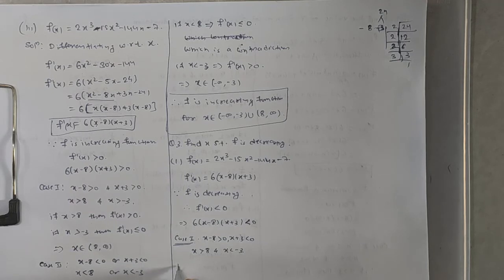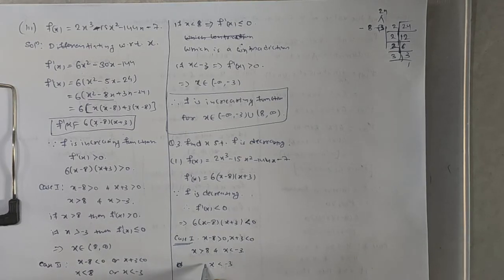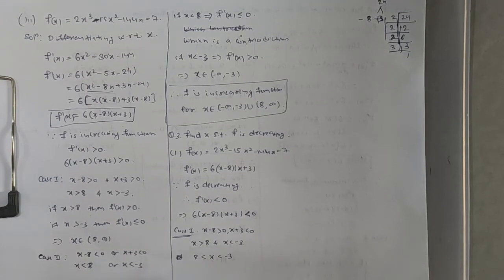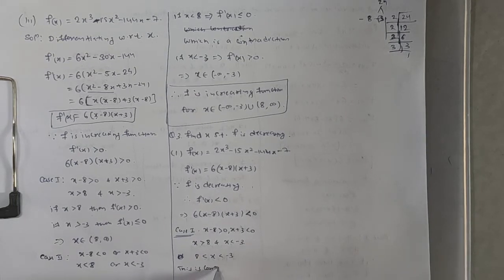Indirectly we can say that here x is less than minus 3 and x is greater than 8. Is it possible? No. This is a contradiction.